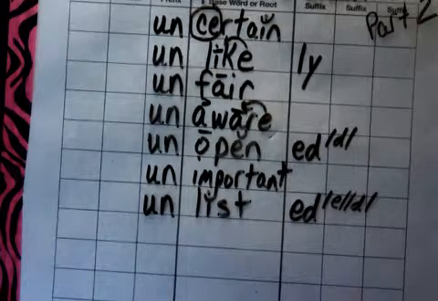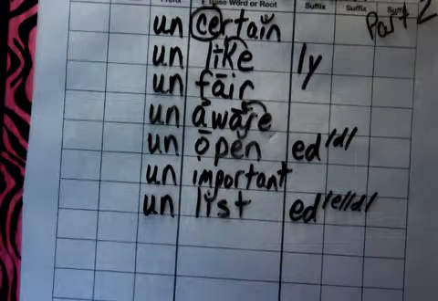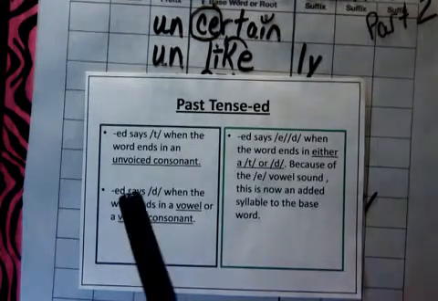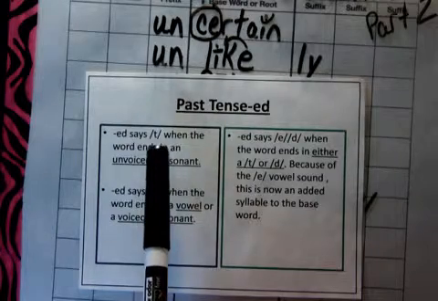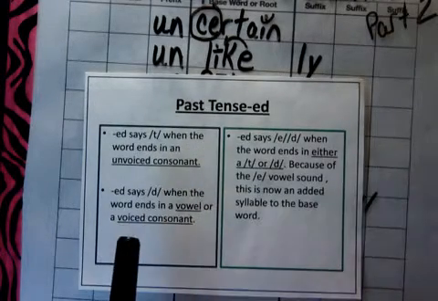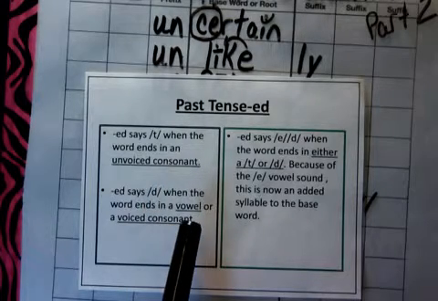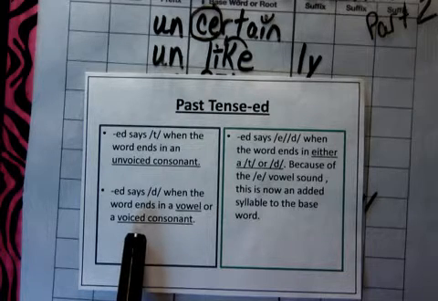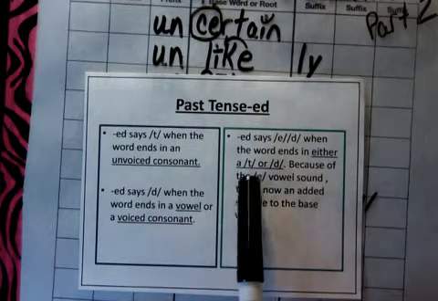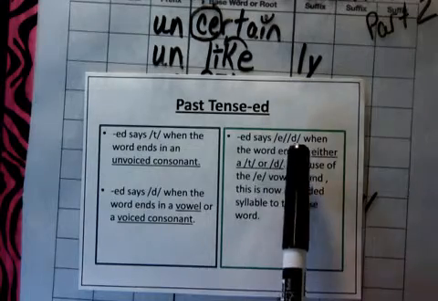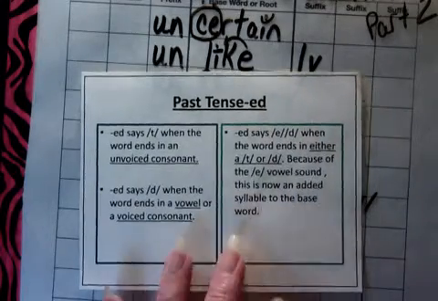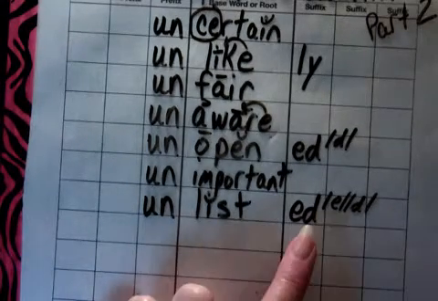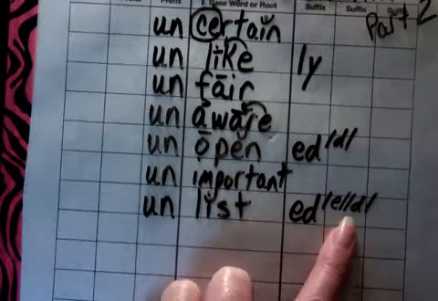I think I've got a card with that all typed out. Yeah, here we go. Ed says t when the word ends in an unvoiced consonant. Ed says d when it ends in a vowel, and vowels are voiced, or a voiced consonant. If the word either ends in a T or a D, the ed is going to say ed. So, the base word ends in a T, so the ed is going to be pronounced ed.